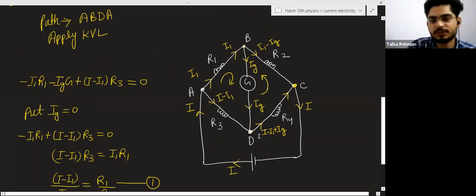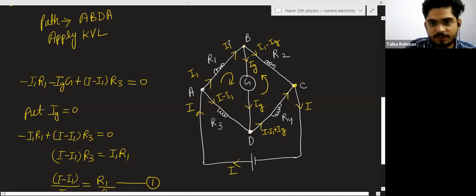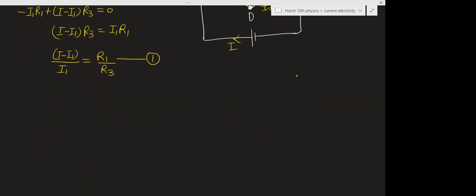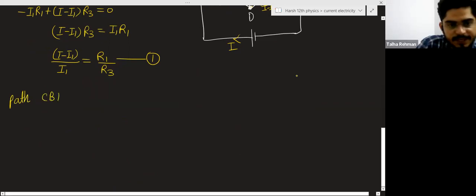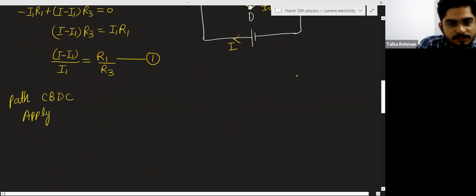And in which direction? Suppose you are going in this direction: CB, then CBD, CBDC. Path CBDC, and apply KVL, Kirchhoff's voltage law.